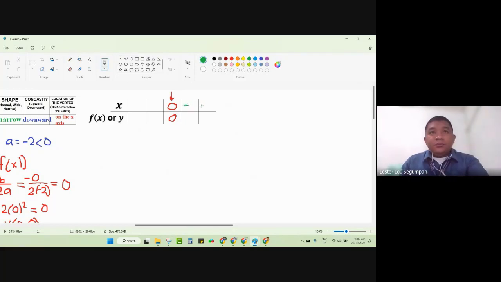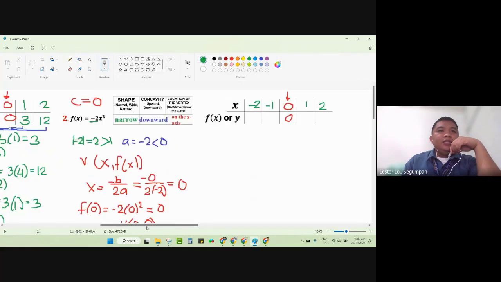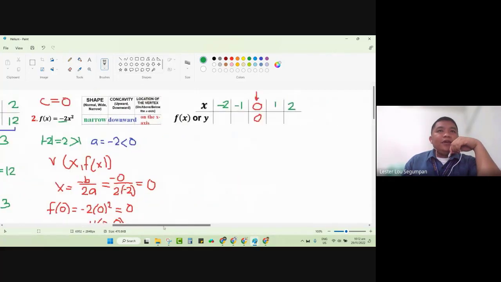Sorry, we have 1 and 2, and you also have negative 1 and negative 2 here. Two values above and below the x coordinate of the vertex. And we are going to use these values, substituting just like what happened earlier, into our function.